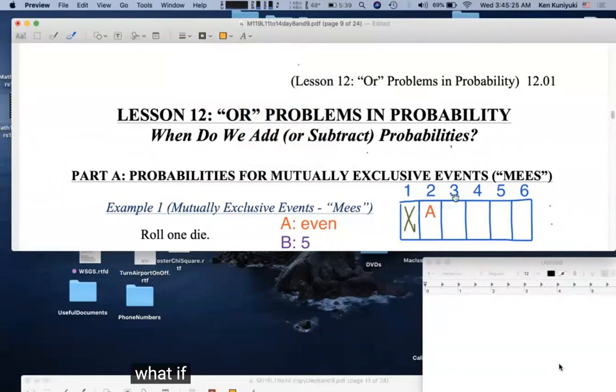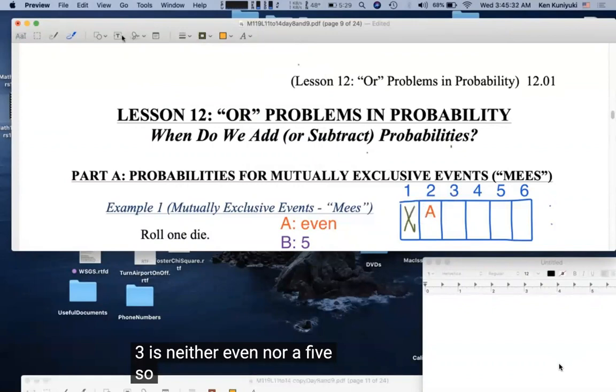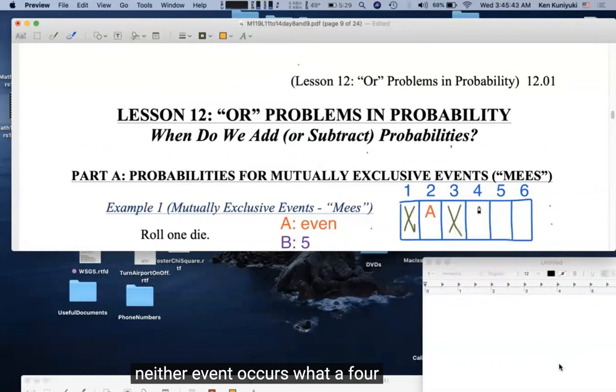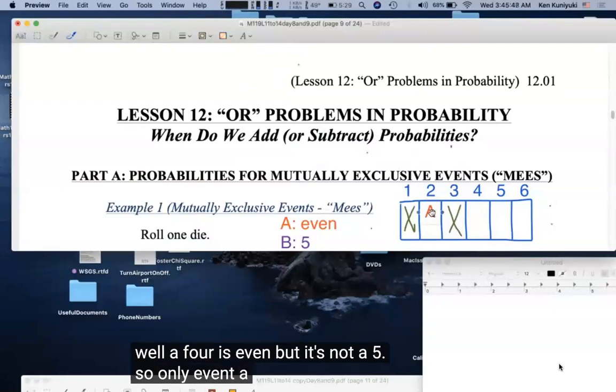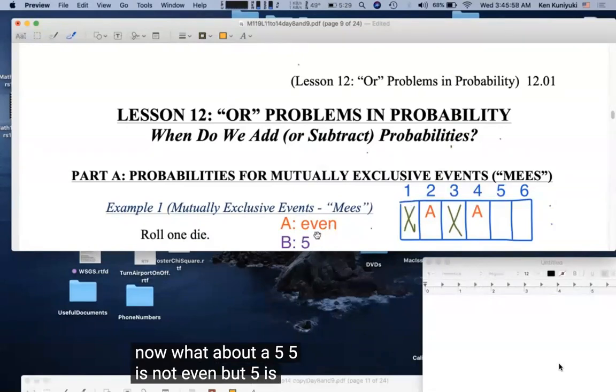What if the die comes up a 3? Well, 3 is neither even nor a 5, so we're going to cross out the 3. Neither event occurs. What about a 4? Well, a 4 is even, but it's not a 5, so only event A occurs. Now, what about a 5? 5 is not even, but 5 is a 5, so event B occurs.